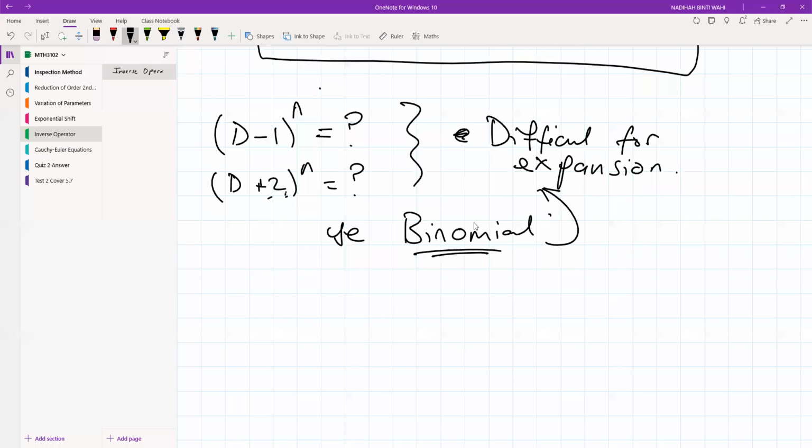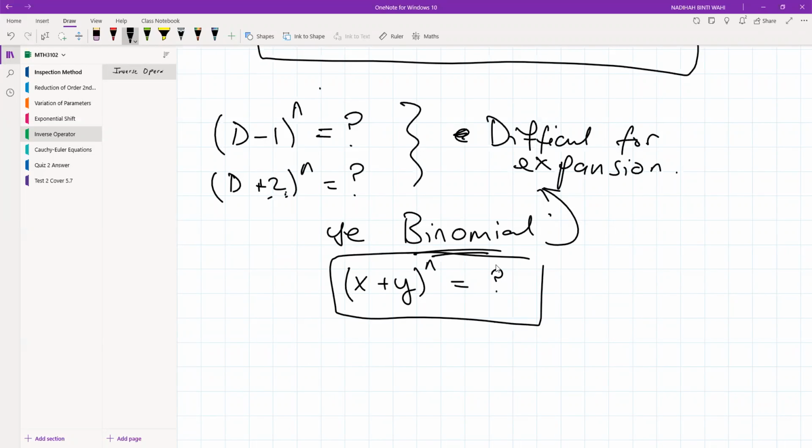Okay, so paling mudah apa dia? Paling mudah awak boleh guna, contoh saya guna x dengan y ataupun a dengan b. Saya kata x plus y to the power of n equals to what? Yang ni for general solution. So try to find out the expression.